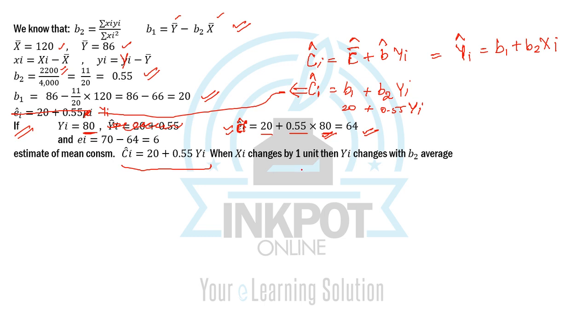When xi changes by 1 unit, then yi changes by beta 2 on average.